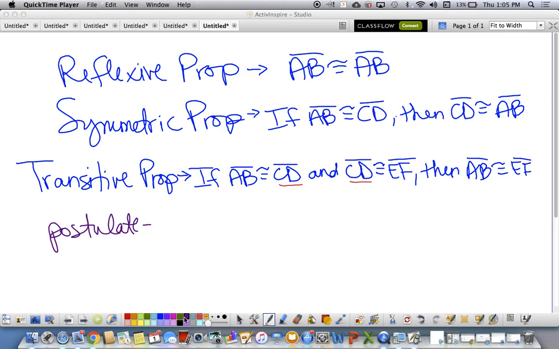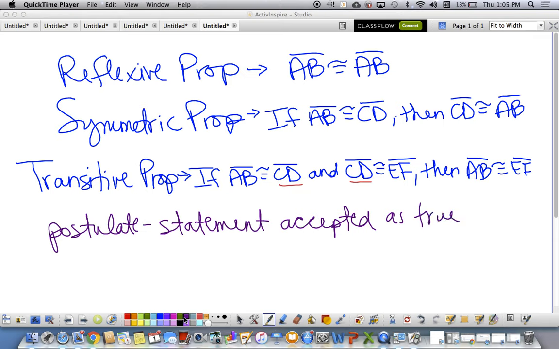It's a blue word. Go ahead, Paxton. Statement that is accepted as true without proof. Statement accepted as true. We are happy these postulates are accepted as true. We never have to prove this postulate we're fixing to talk about.